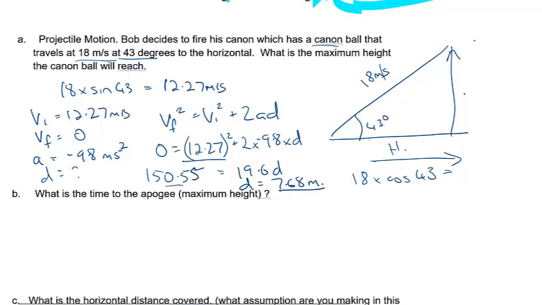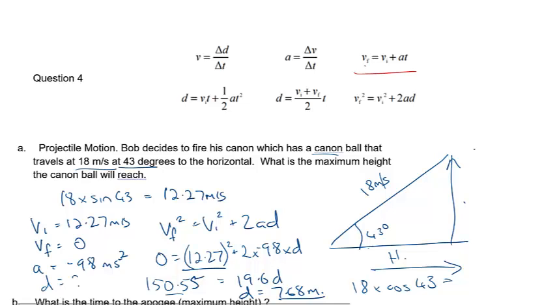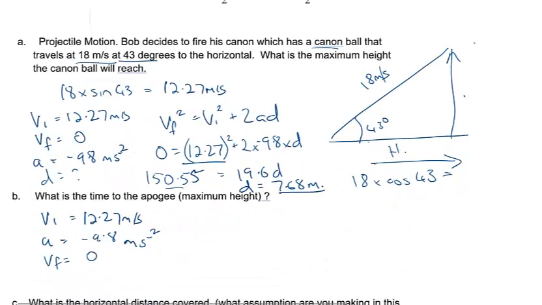What is the time to the peak? Now, what information do we have here? We've got the initial velocity, which is 12.27 meters per second. Again, we've got gravity of minus 9.8 meters per second squared. We do know the final velocity is going to be equal to 0. If we just look at the formula here and get rid of all of that, this one here is quite a good one to use.